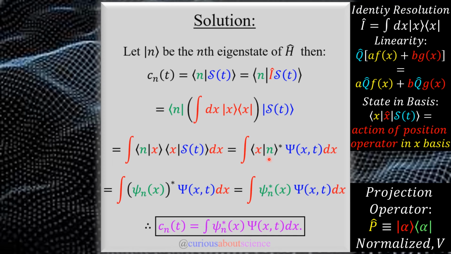And we have something for that, namely psi n of x. Okay, you still have this conjugate to put on here, so you see that we end up with the conjugate on the psi n. But you see here, we get to the energy space, Cn, from the position space using this identity resolution, and we're able to now integrate out all x, and thus we're just left with the energies, which are baked into the capital psi of x and t via the spatial and temporal separation solution. So that's pretty cool.